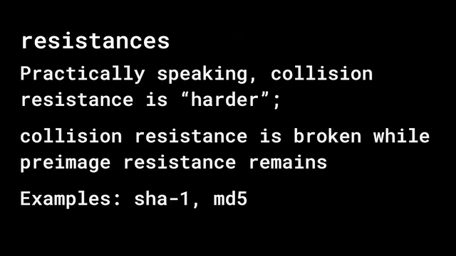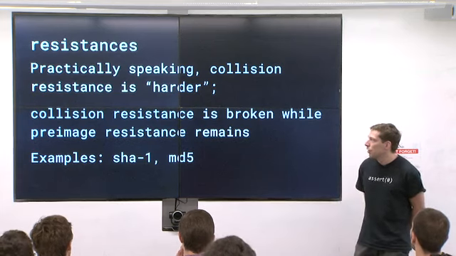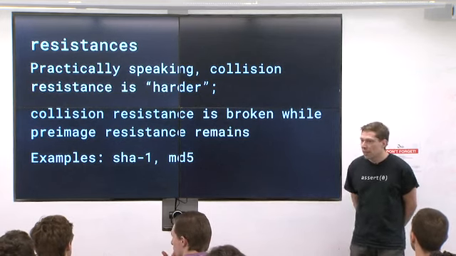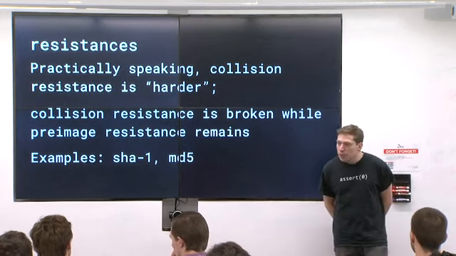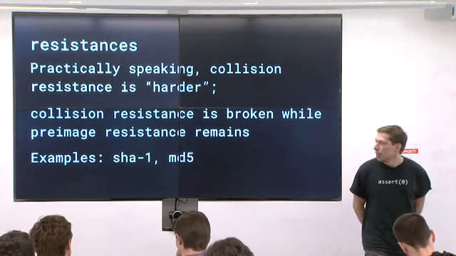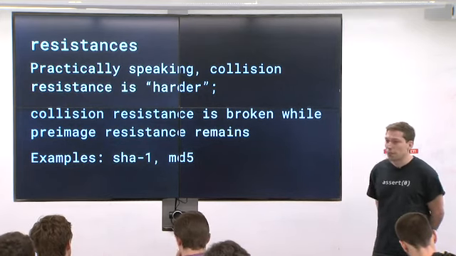Okay, so practically speaking, how do these functions work? Collision resistance is a harder property. There are many functions where the collision resistance has been broken, but the preimage resistance has not been broken. Examples of this are SHA-1 and MD5.